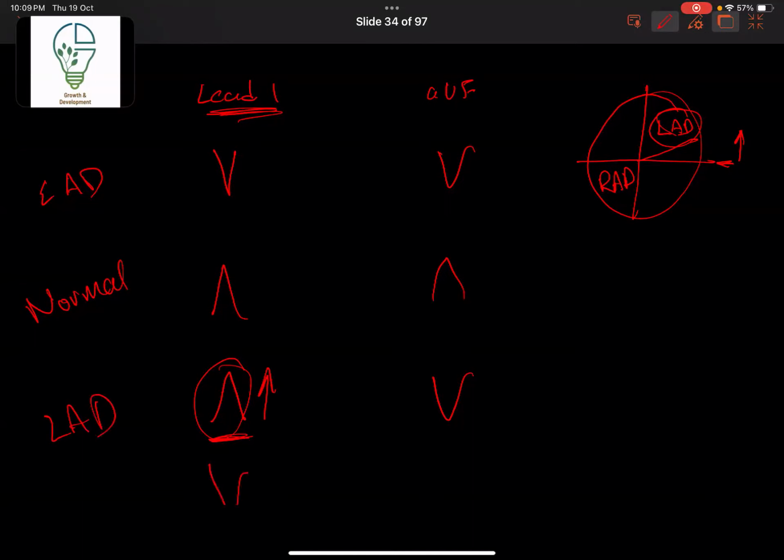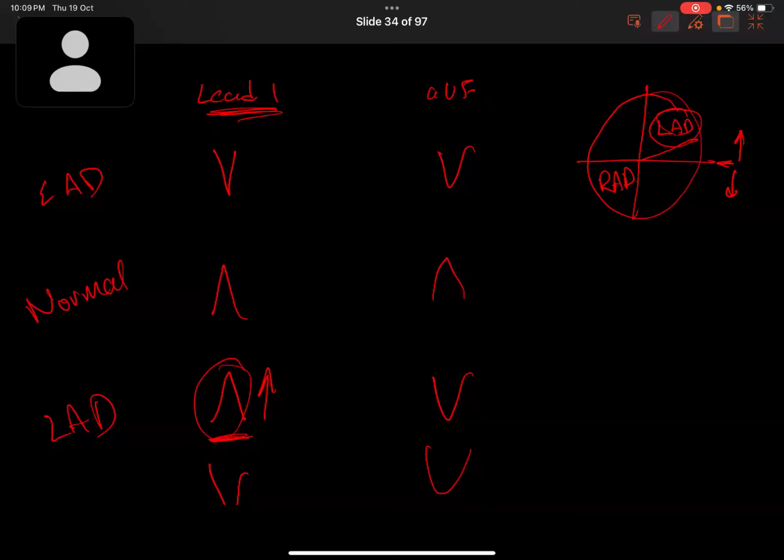What if this R wave is facing downward in both lead one and AVF? So this is below the line. What is this? Is it normal or is there an axis deviation? Axis deviation. Which one? If both are negative, it's extreme.